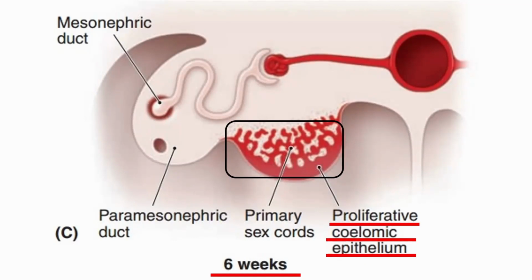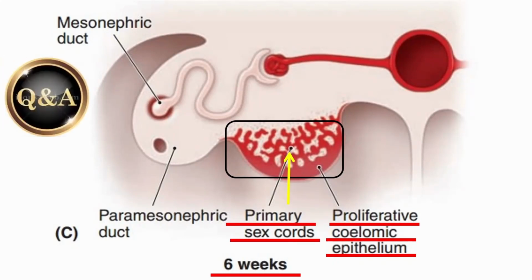And what is the arrangement of these invading cells? They are in the form of cords, sex cords. Now, why are they called primary? Because they are the first to develop.